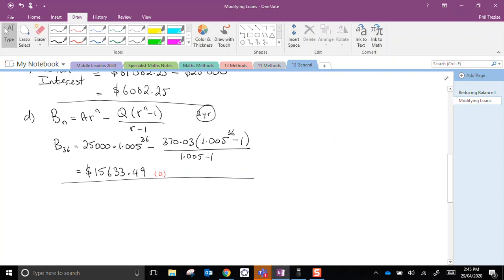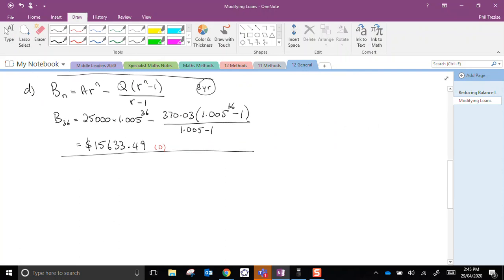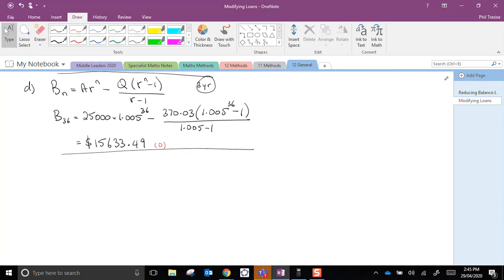These little letters that I'm writing are just so I don't forget which numbers are stored where. Now part D of this question said, what's the new loan repayment? Well, this is more or less a new loan. It's not really a new loan, but I'm going to think of it like the first loan stopped after 3 years and then a new loan started with this as the principal. So let's write this down. The principal is $15,633.49.